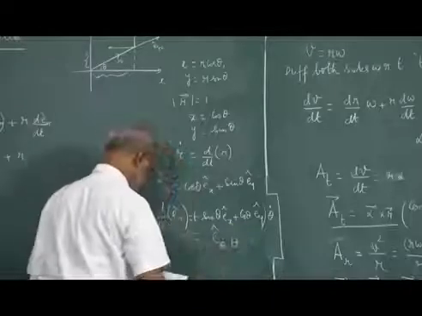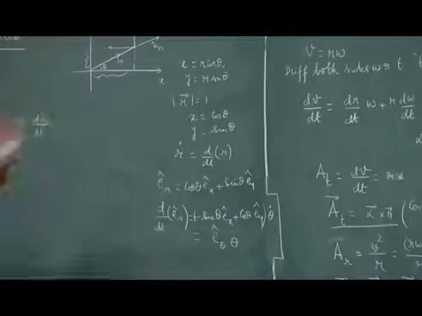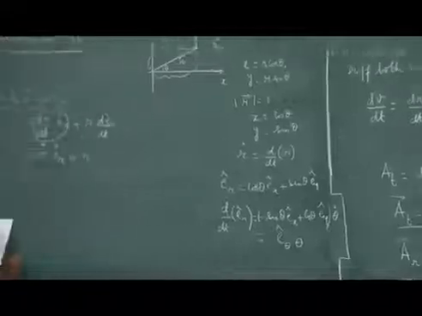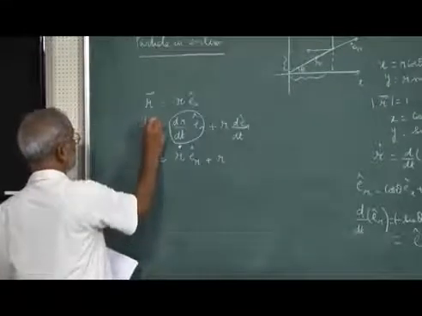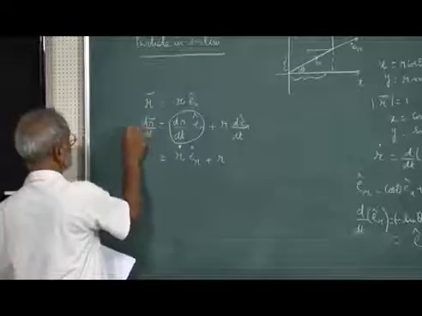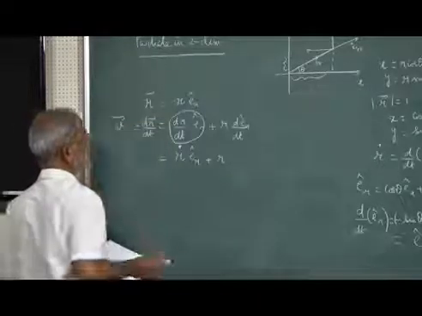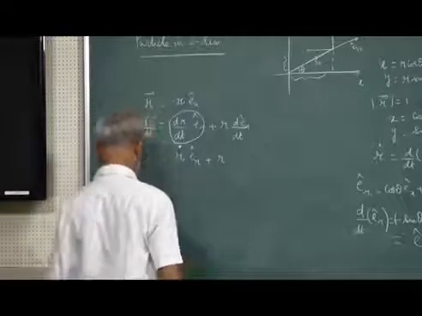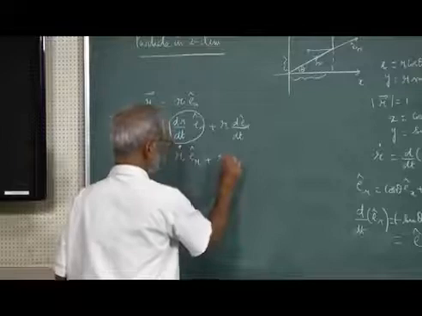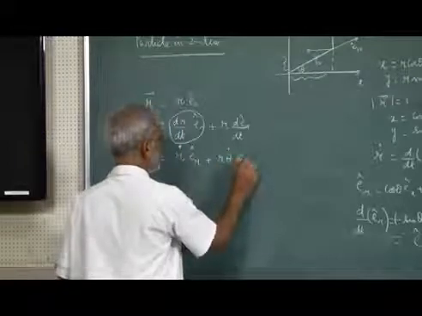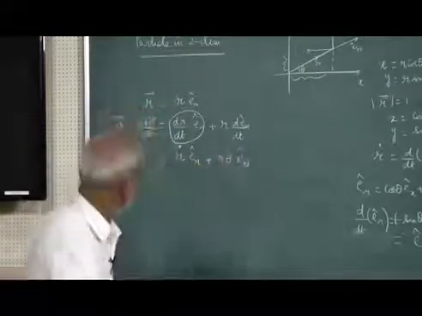This is one way of looking at things. So I have here, sorry I forgot to write, nobody noticed, der by dt is equal to theta dot E theta. I will keep it here.